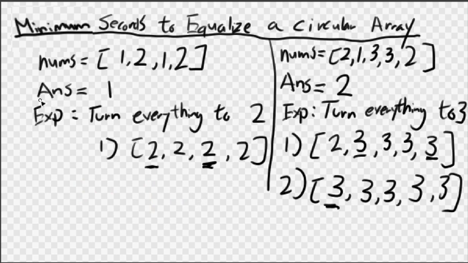So here we should return the answer 1 second because this is the minimum second that we can turn everything into 2. So the explanation is that we can turn everything to 2 in 1 second.